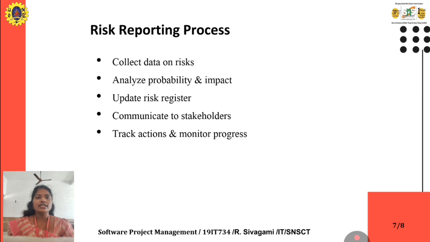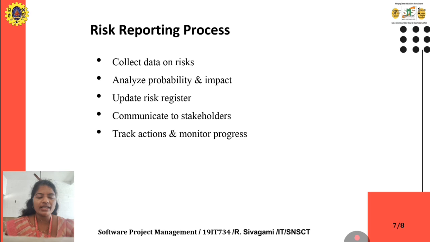The next one is the risk reporting process. What are all the processes we are going to do for risk reporting? First, we collect the risk data, that means what kind of risk and why it happened. Then analyze the probability and the impact. What kind of impact the risk made in our project, we should analyze that.